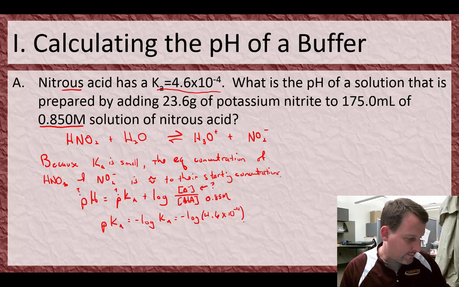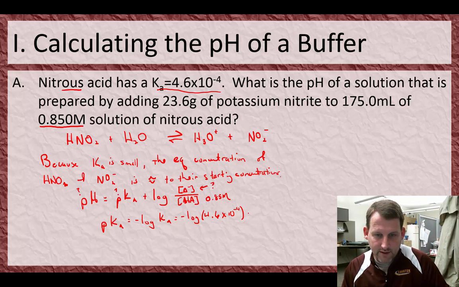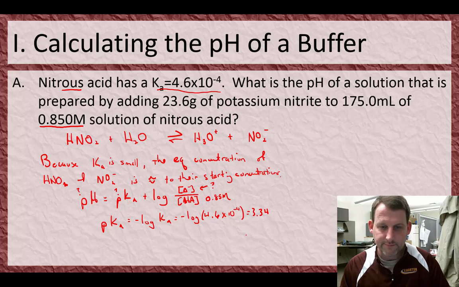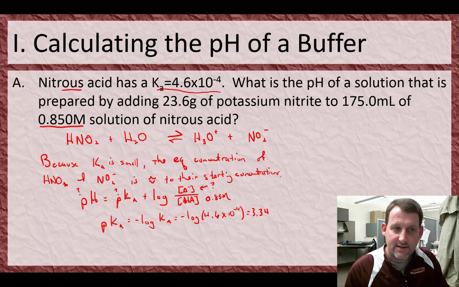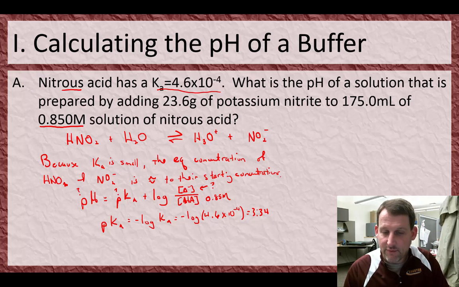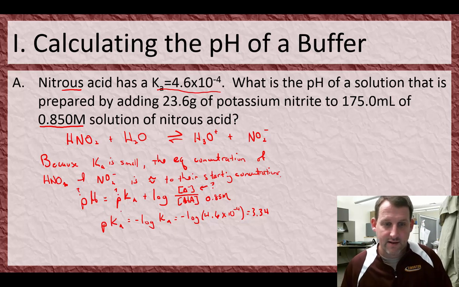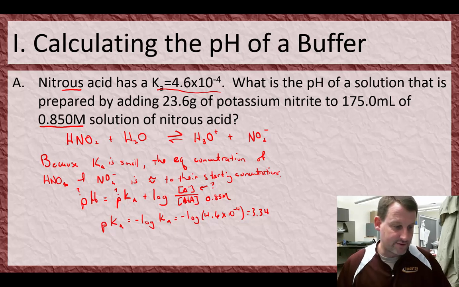Now the value for that when we plug into the calculator, we get 3.34. Now alternately, if you wanted the best buffering capacity for nitrous acid, it's going to happen at a pH of 3.34 because that's when the pH is equal to the pKa. So that would be a fantastic thing to understand right away.